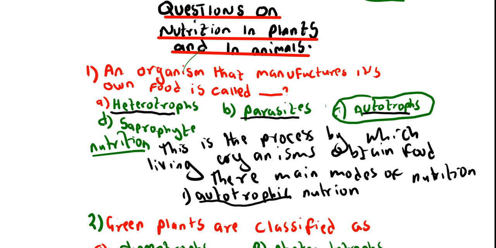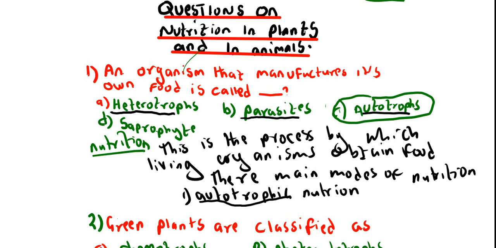It may include parasitic nutrition, saprophytic nutrition, as well as holozoic nutrition, because these organisms are not manufacturing their own food, rather they get food already in the bodies of other organisms. No wonder we picked C, the autotroph, because it manufactures its own food. The rest are examples of heterotrophic nutrition.